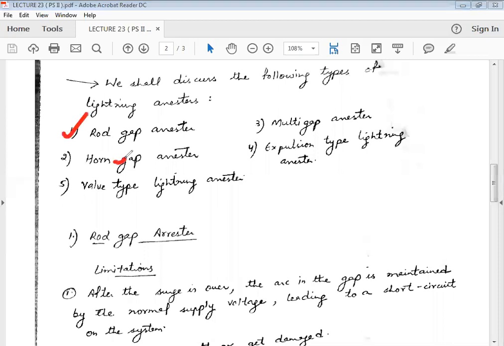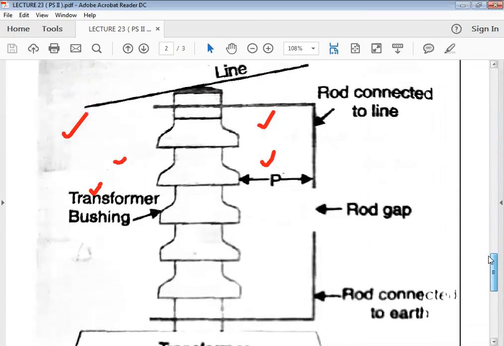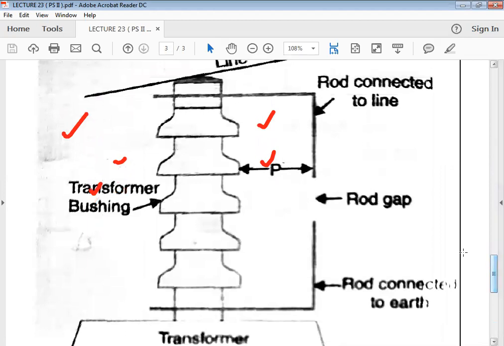Second is the horn gap arrester, then the valve type arrester, multi gap arrester, and expulsion type lightning arrester. We will start today's discussion with the rod gap arrester. To understand it, let us look at this diagram.